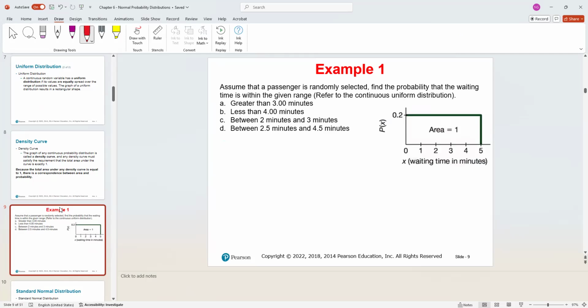We're gonna refer to this, right? The first question: it's greater than 3 minutes.